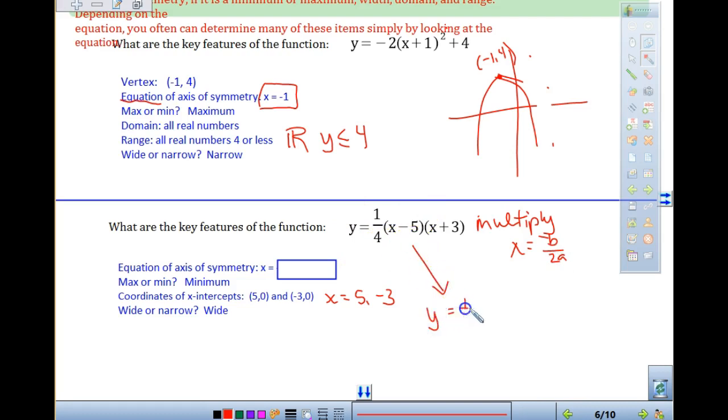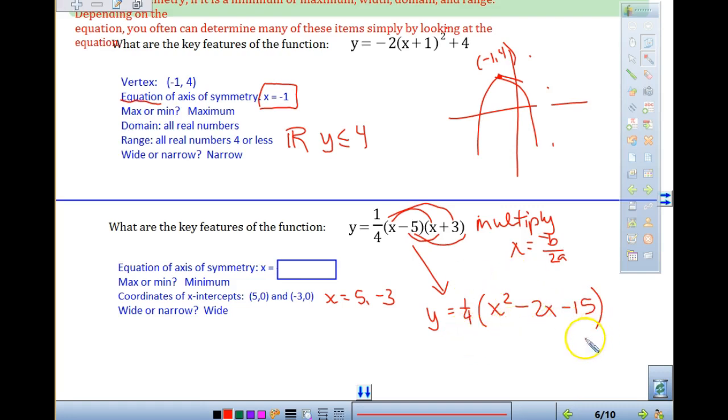Y equals, Brooke, I'm going to have 1/4 times. When I start multiplying, what am I going to end up with? X squared plus 3x, and a minus 5x is going to give us a middle term of negative 2x. And then my last term, negative 5 times 3, gives us negative 15.